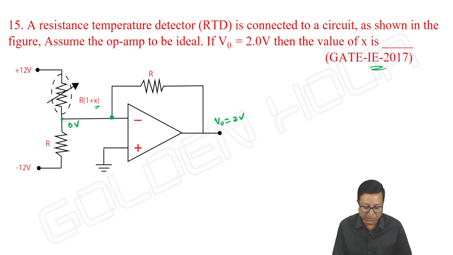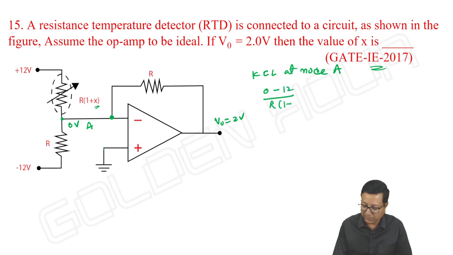Let me take it as node A, KCL at node A. So 0 minus 12 by R into 1 plus X, plus 0 minus of minus 12, that is plus 12 by R, plus 0 minus 2 by R is equal to 0, in which the unknown parameter is simply X.